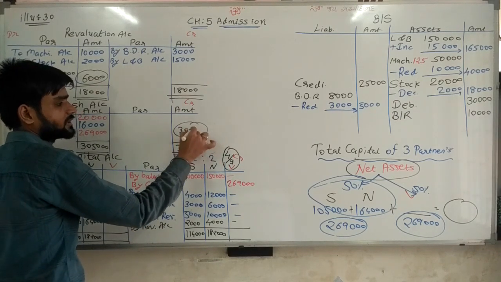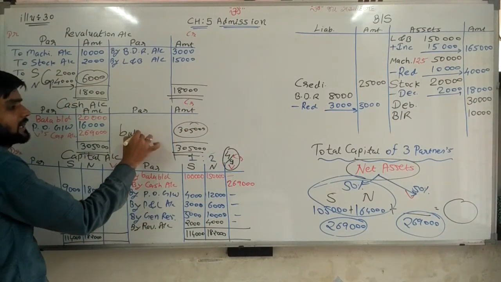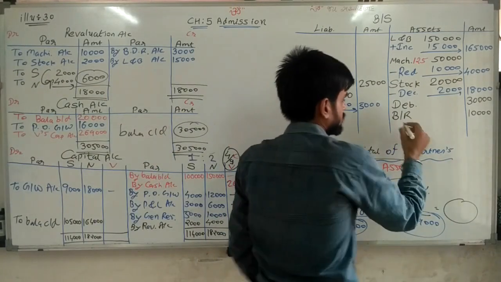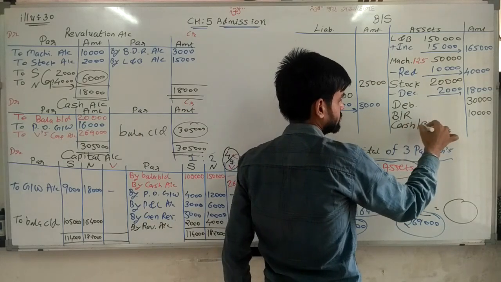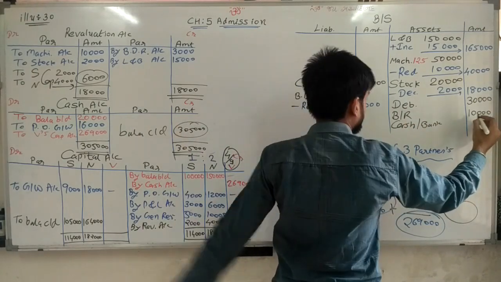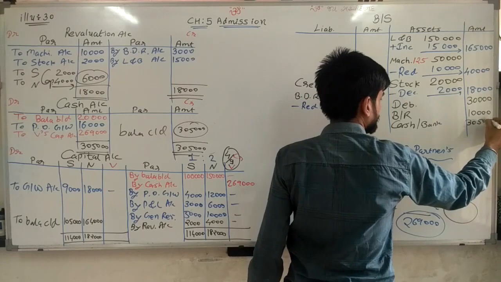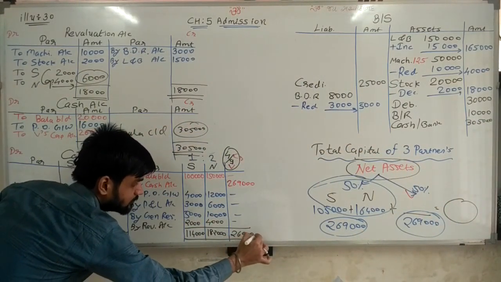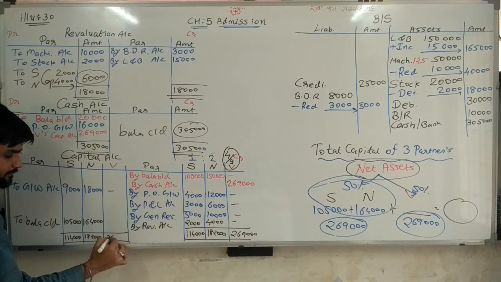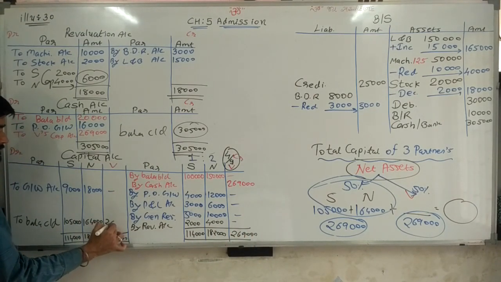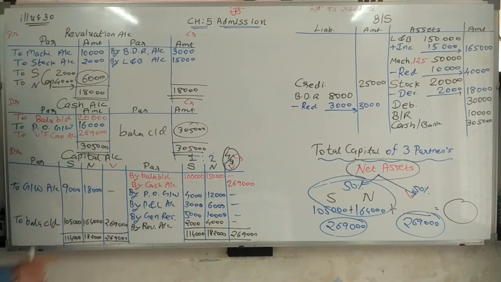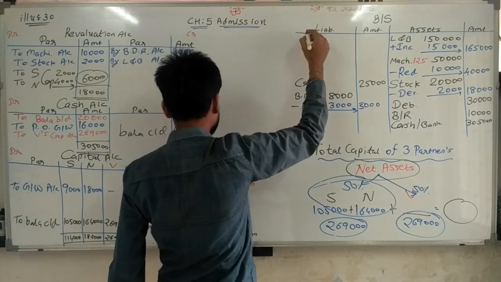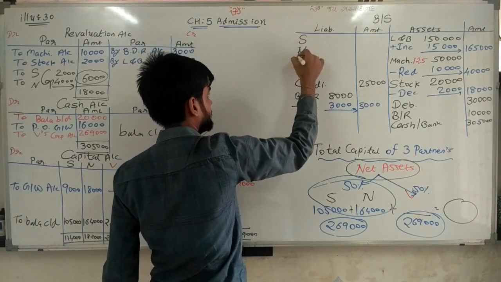Balance is also 305,000. Cross means debit here, so cash and bank account 305,000. Closing this account also. 269, 269, 269. This is the balance credited, but credit is here, so we have to write here S, N, V.